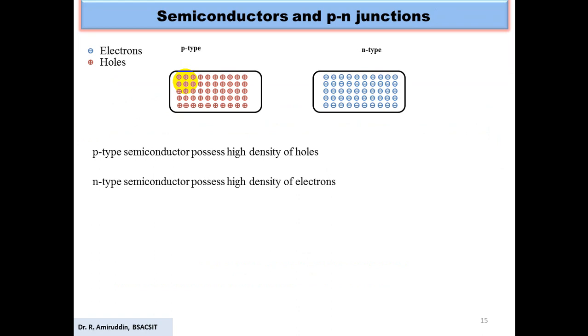So let us revise what we have seen so far. We have p-type and n-type semiconductors. P-type has majority carriers as holes and n-type has majority carriers as electrons.